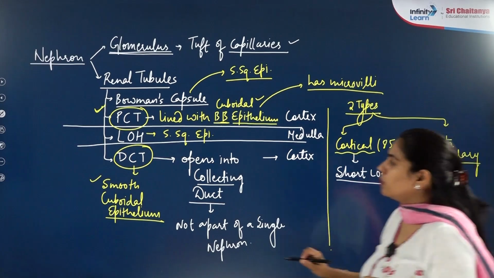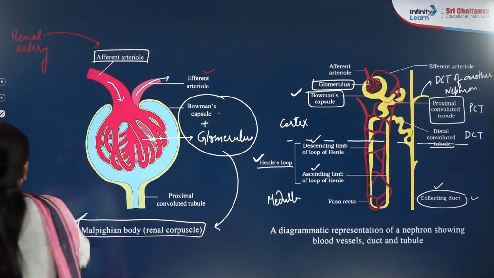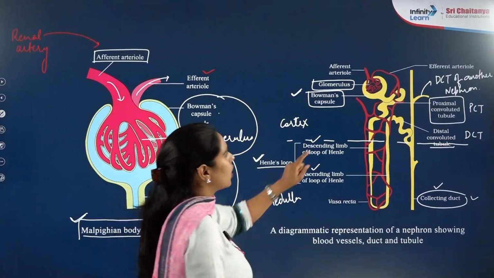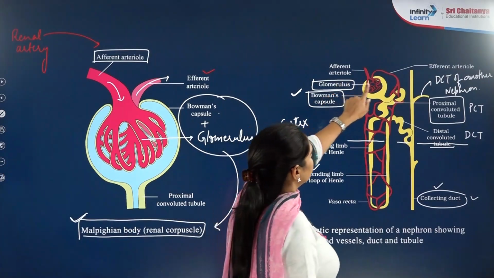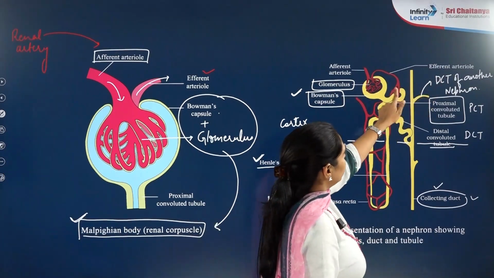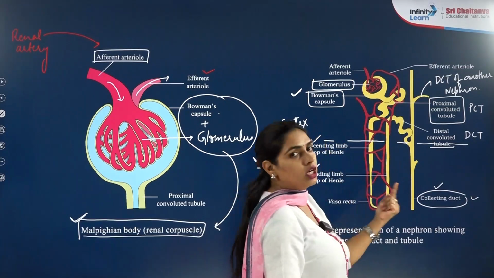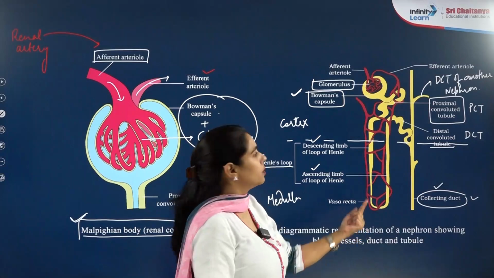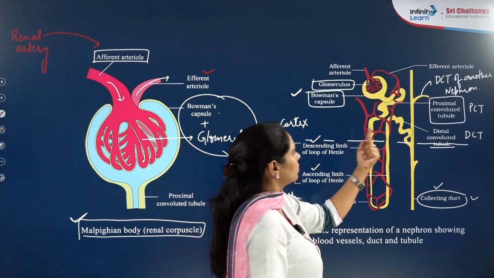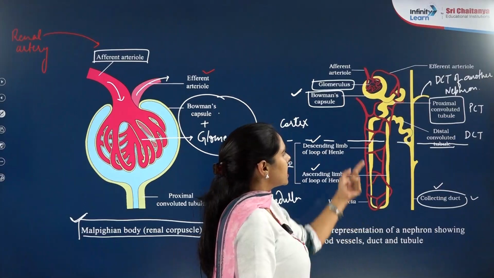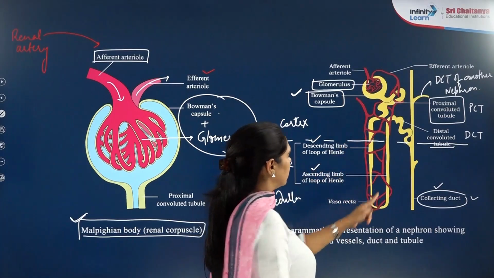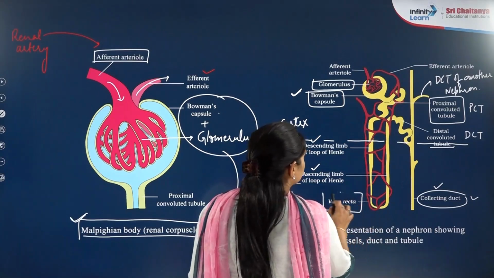Now, along with this loop of Henle, if you look at the diagram of a nephron, you can see that this efferent arteriole is making a peritubular capillary network around the tubules of the nephron, the renal tubule: around the PCT, around the loop of Henle, around the DCT. And then it is making a blood vessel which is named vasa recta.